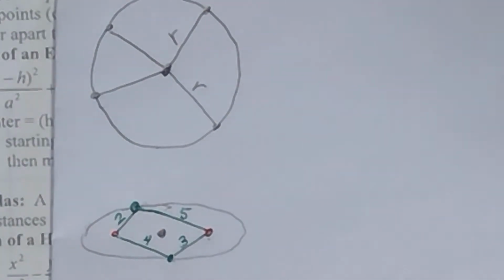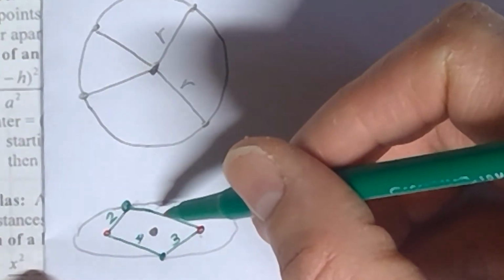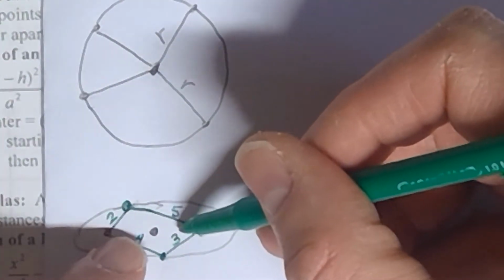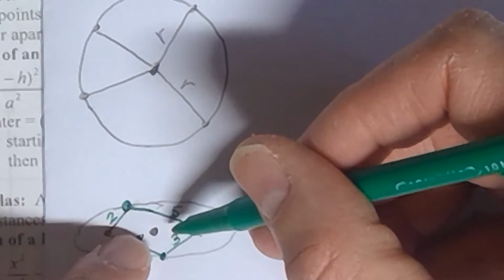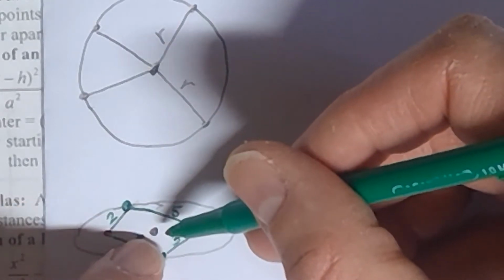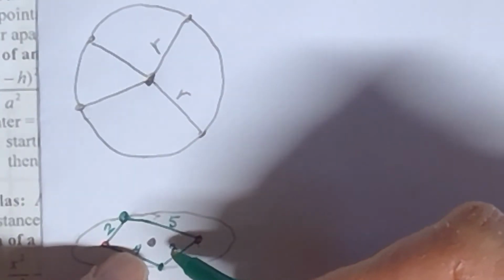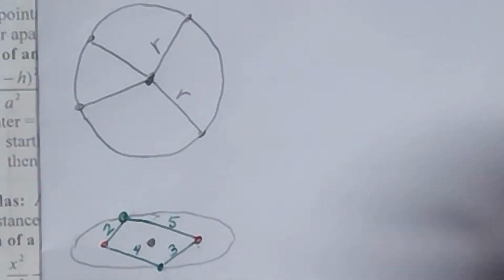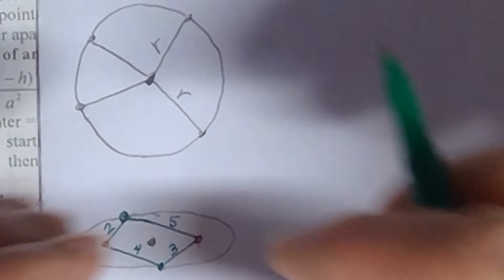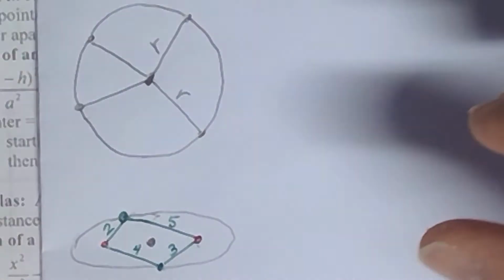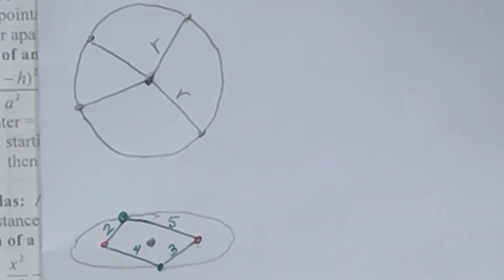Another thing I want you to realize is that sometimes the two focus points are really close to the center, and sometimes they're really far apart. The closer they are, the more it will look like a circle, and the further apart those red points are, the more stretched out the ellipse will be.